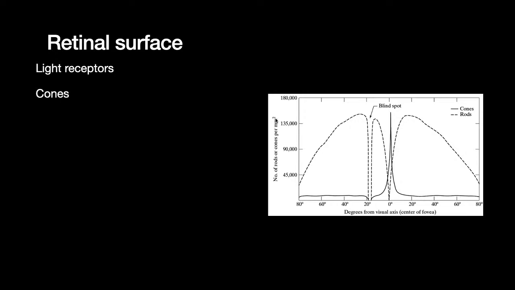In an area of 1 millimeter by 1 millimeter, look at these numbers. These numbers are huge: 45,000, 90,000, 1,35,000. So many cells are there. You can see that the cones are fairly few at most of the angles, but near the fovea, this number is very large.